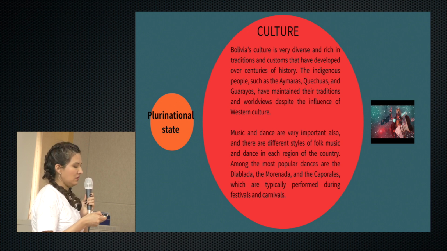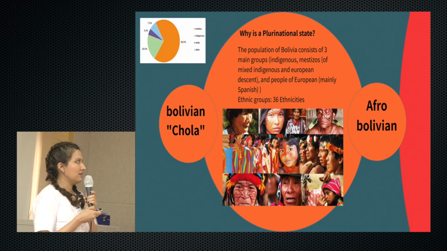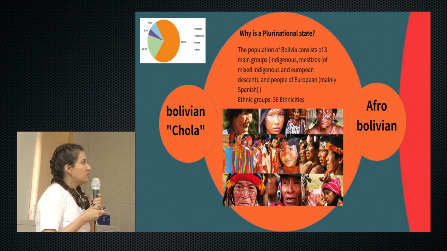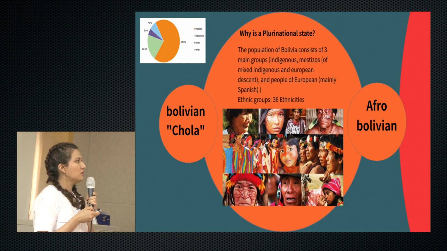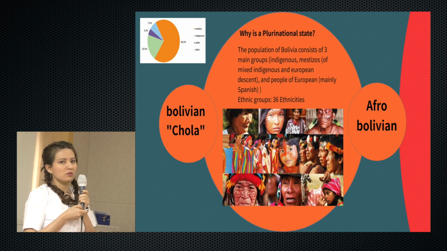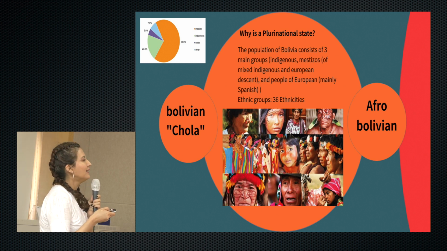Why is it called a plurinational state? So the population in Bolivia consists of three main groups: the indigenous, mestizos, that is a mix between indigenous people and European descent, and people of European descent, mainly Spain. Here they are called white, I don't know why.